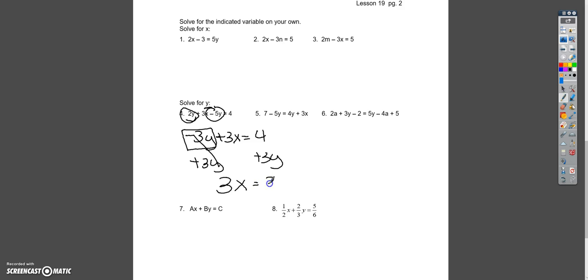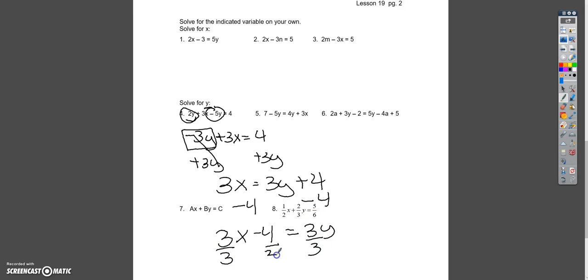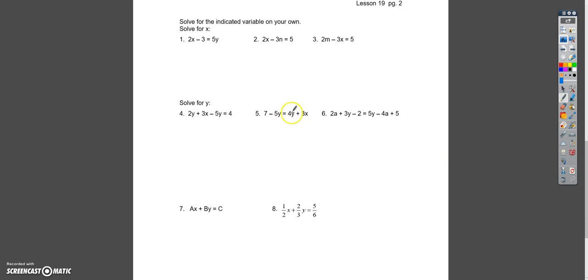So 3x equals 3y plus 4, minus 4, minus 4. Solve for y. So I'm going to add y and add 5y.